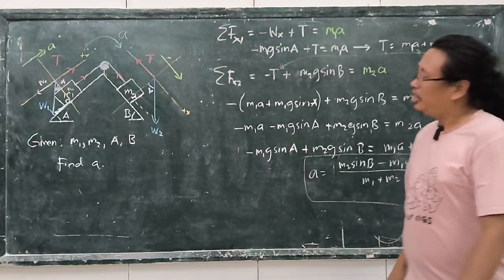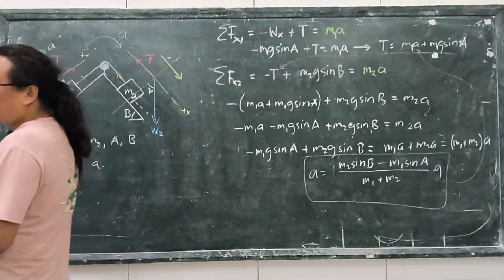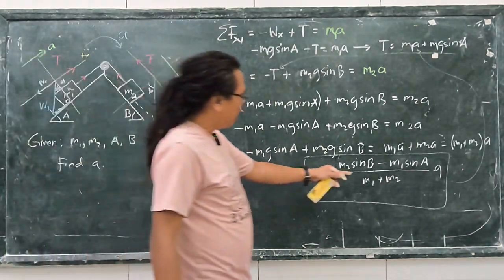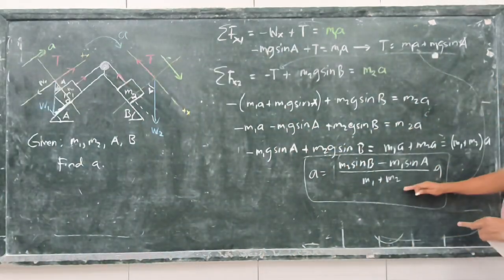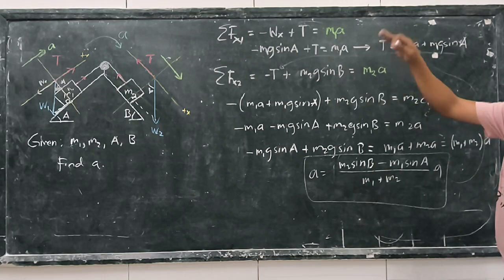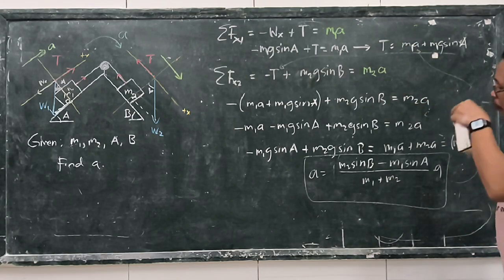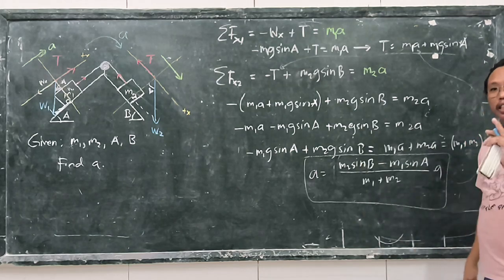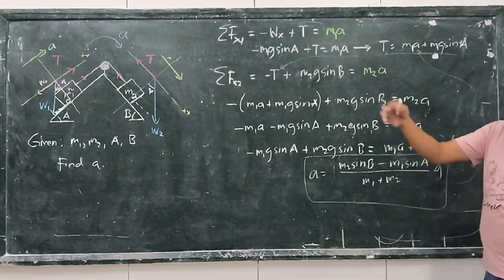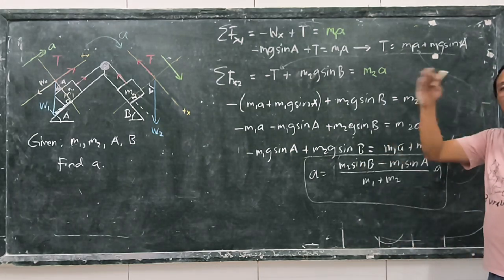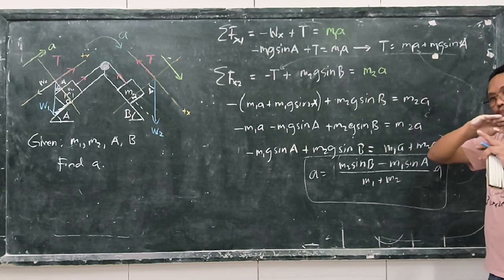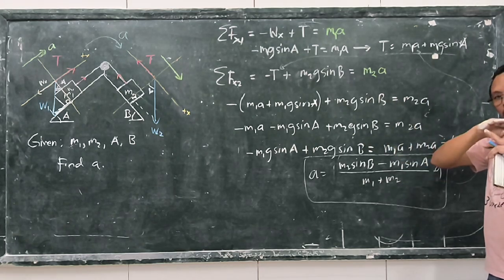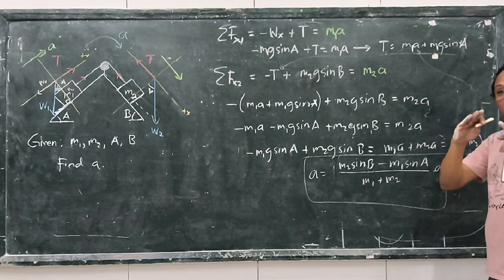Now, let's understand the condition here. When is a clockwise? Well, if this whole thing is positive, then a would be in the clockwise direction. But if this thing is negative, then a would be traveling in the counterclockwise direction. Because if this is our assumed direction and we get a positive number, then we are right.